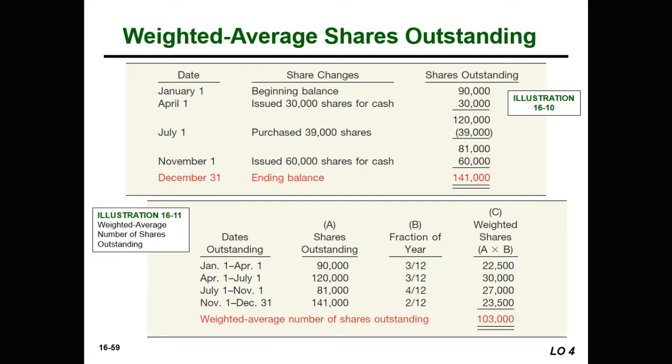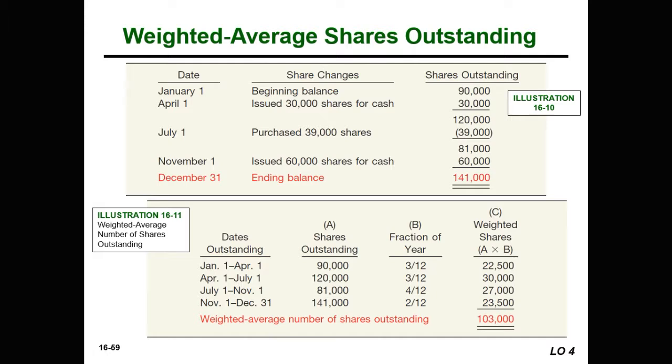Now here we have split the screen, and you see at the top we have all of the changes line by line. We move that into a table or into an Excel spreadsheet, and we show what our dates are for outstanding and how many shares were outstanding for that period.